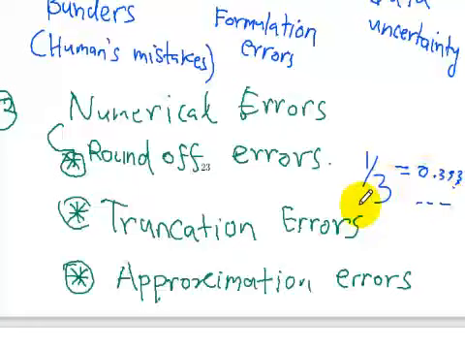We know that the computer has finite memory capacity, so when the computer stores this number, it chops the number off at a certain place.